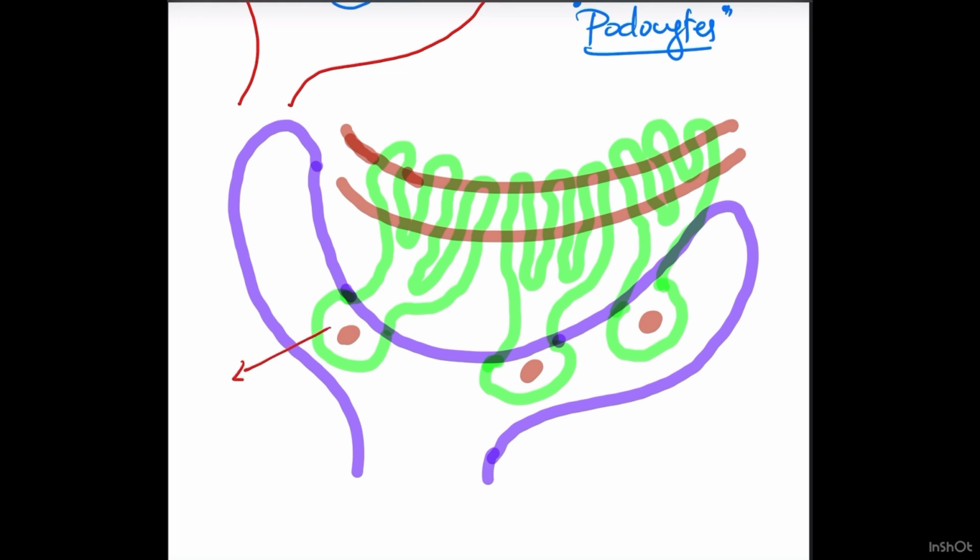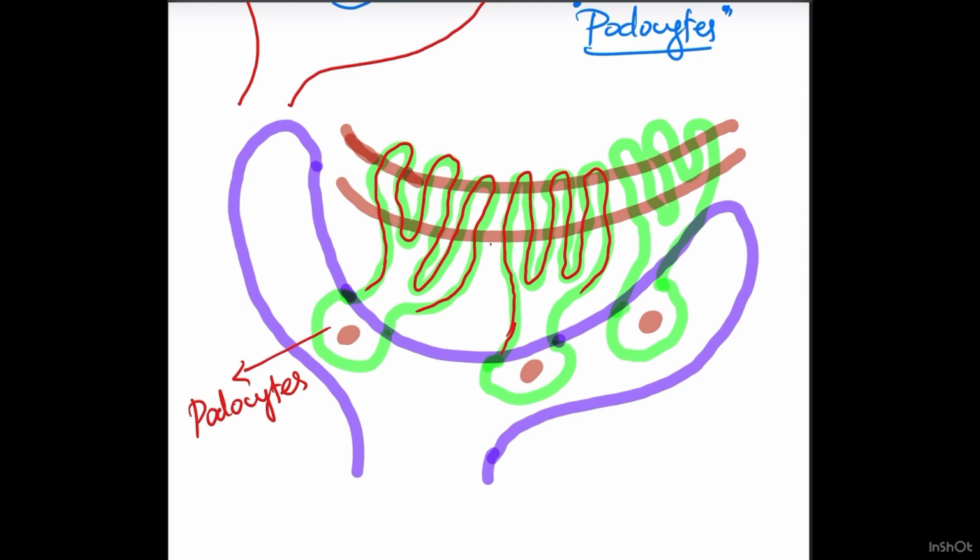This is the podocyte. The podocytes will form these projections. We can consider these all pedicels or feet, like finger-like projections. They exactly surround this blood capillary, that means the glomerulus.